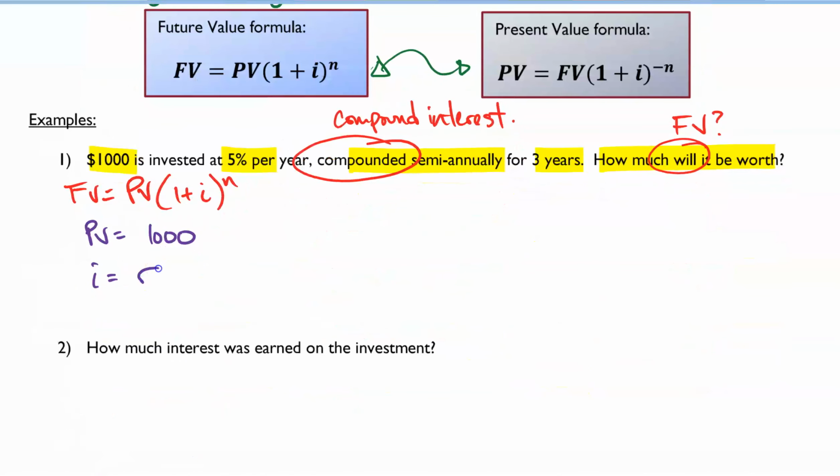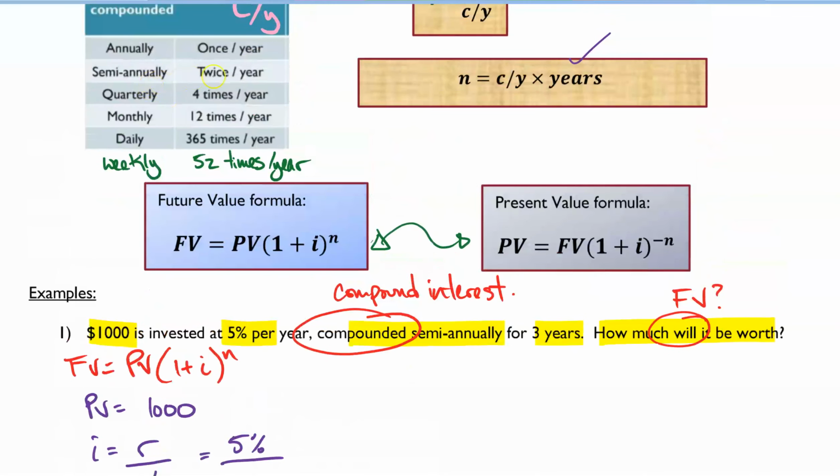Okay, R, which is your rate, divided by your compounds per year. Okay, let's try to work on that. What's the rate? Well, the rate is 5% per year, right? And it's divided by your compounds per year. How many compounds per year? It says compounded semi-annually, which is, semi-annually is twice a year.